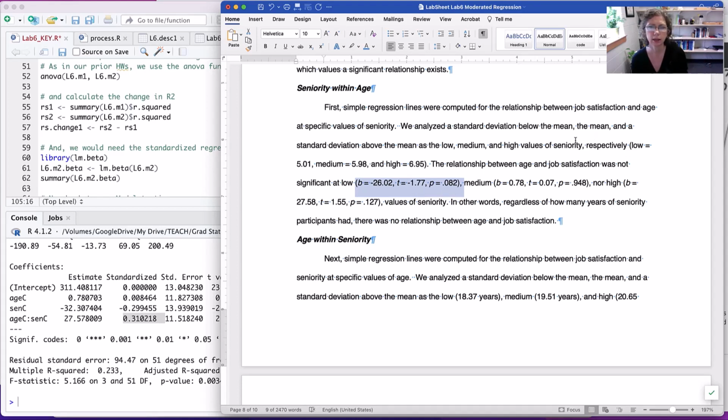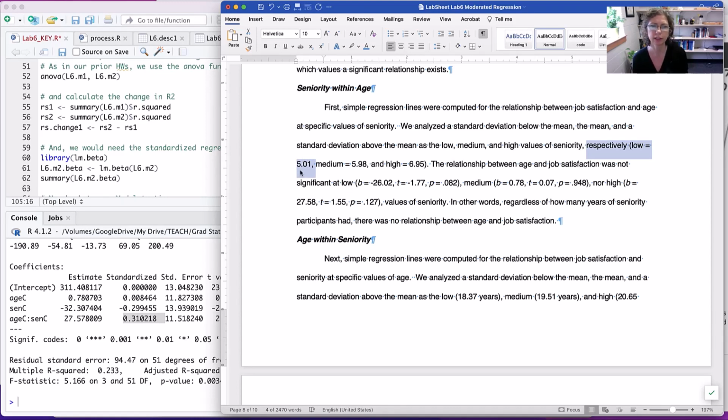Now notice I got here, so this is seniority within age. That means age is the focal, and at levels of seniority. So seniority is the moderator. So low seniority, according to the way we ran it, would have been around 5 years.